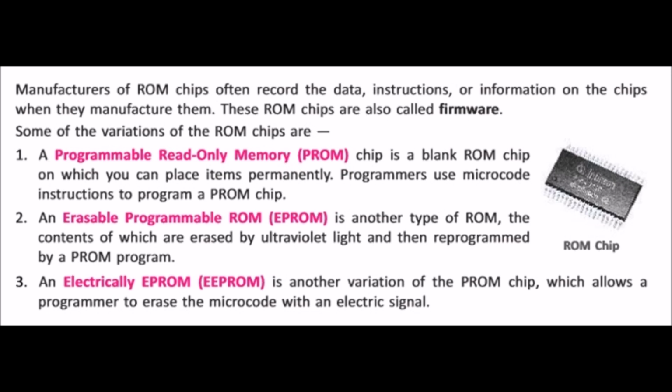Next is EPROM, another type of ROM in which contents can be erased by ultraviolet light and reprogrammed. Last one is EEPROM, electrically erasable programmable read-only memory. In this, code can be erased electrically.